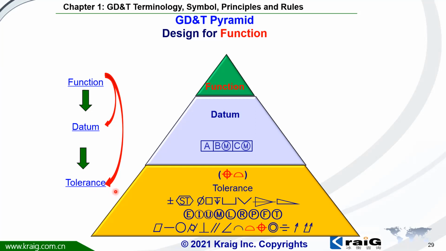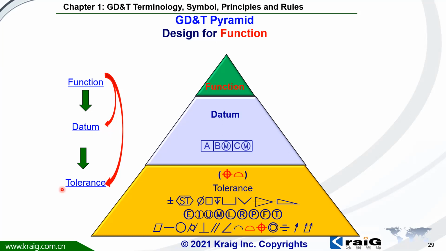Let's repeat it again. Magic 3 steps to make a proper join. Step number 1, understand function first. Step number 2, specify datum feature based on the function or assembly requirements.